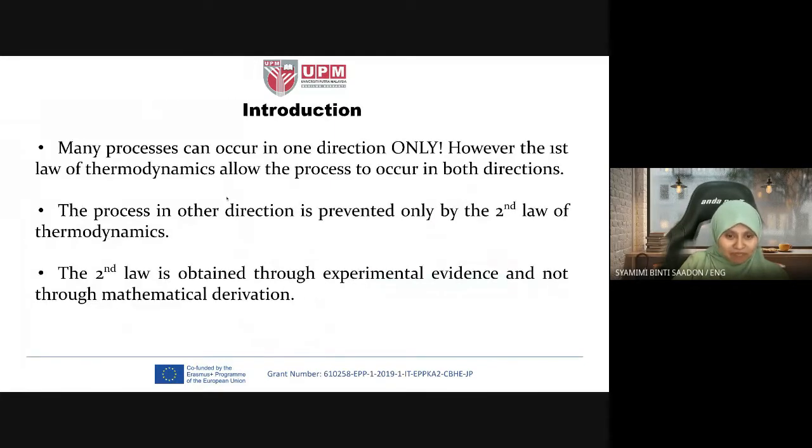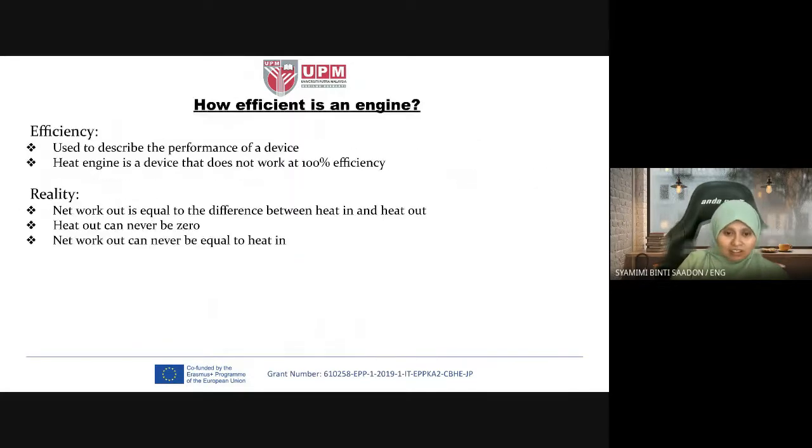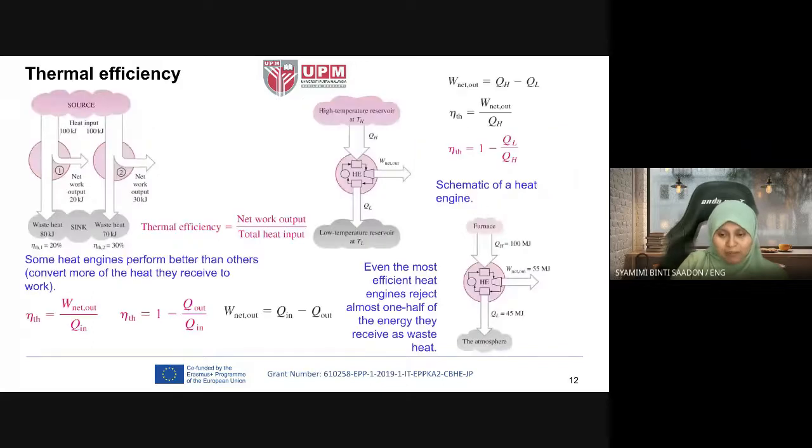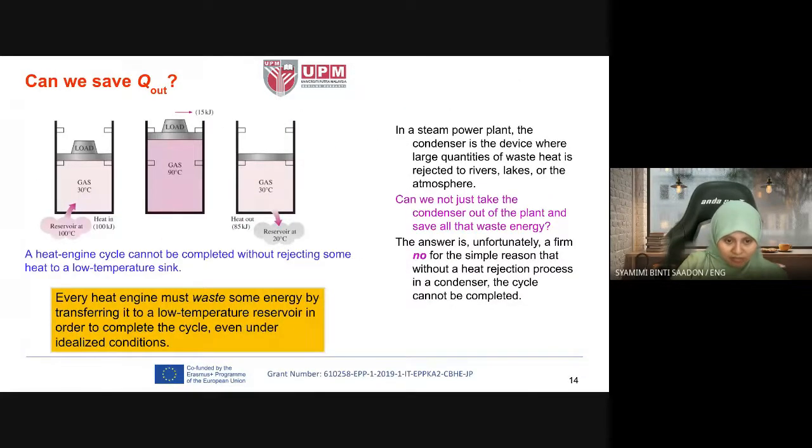To complete the cycle, we need to reject some portion of the heat to the heat sink, some energy by transferring it to a low temperature reservoir, in order to complete the cycle even under idealized conditions.